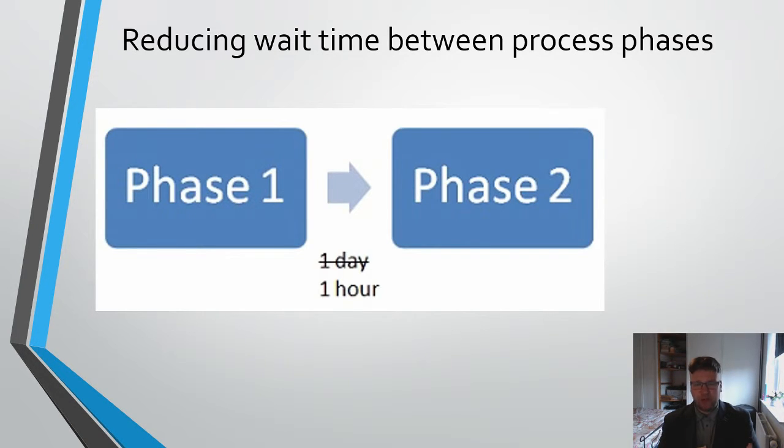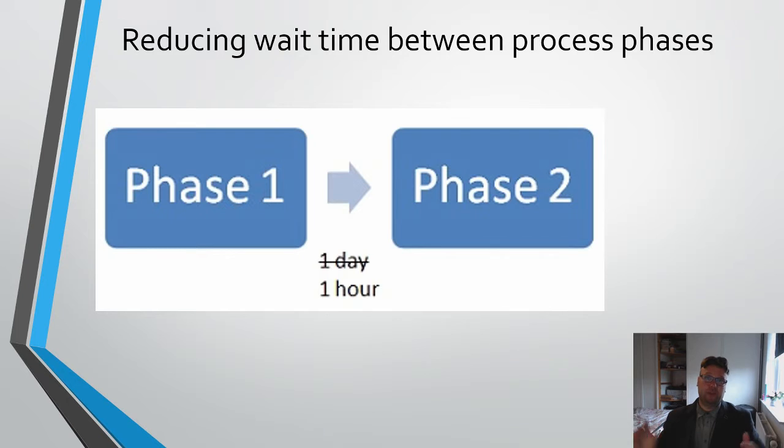One of the great insights of lean was that, okay, actually, if it takes you 5 minutes of work to do something and you cut that down to 4 minutes, does that really matter if your product is then going to stay in an inventory for 1 day before it's going to be processed in the next step? And then you notice that, okay, that 24 hours is actually quite a lot more than that 1 minute. So maybe we should focus on how to make these transitions smoother and how to create flow between process phases.